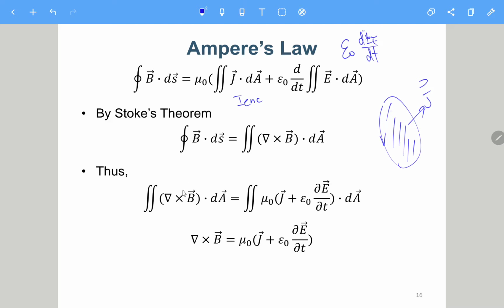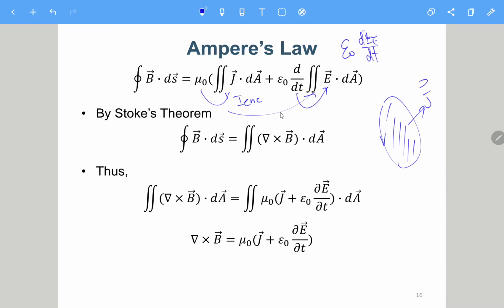We put the d dt inside, so for the E field it becomes partial E partial t, and we also put epsilon naught inside.